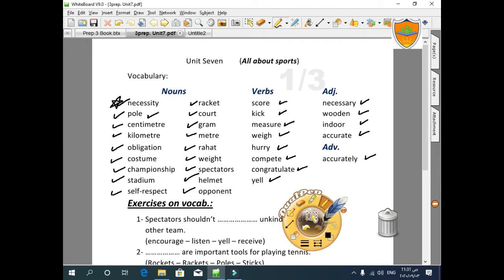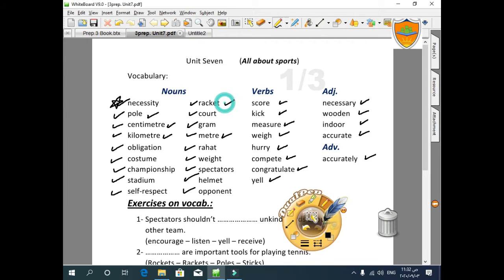Centimeter, kilometer, and meter are used for measurement. A meter is 100 centimeters, and a kilometer is 1,000 meters.